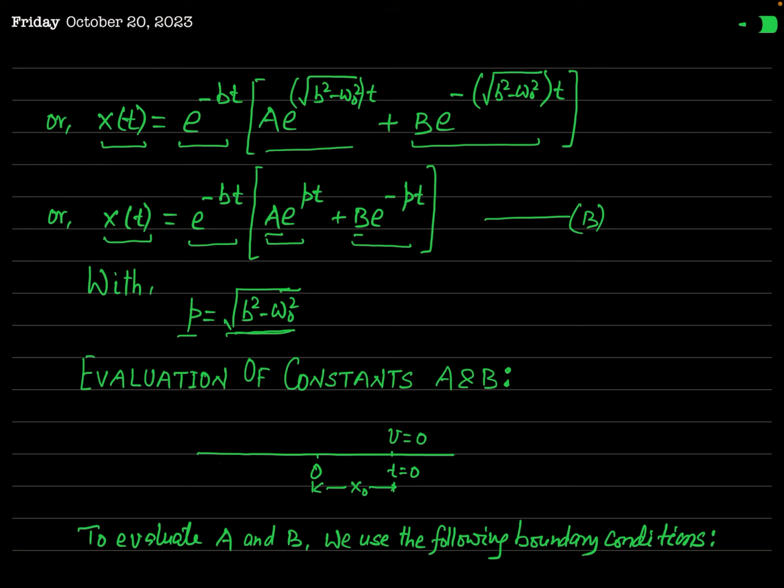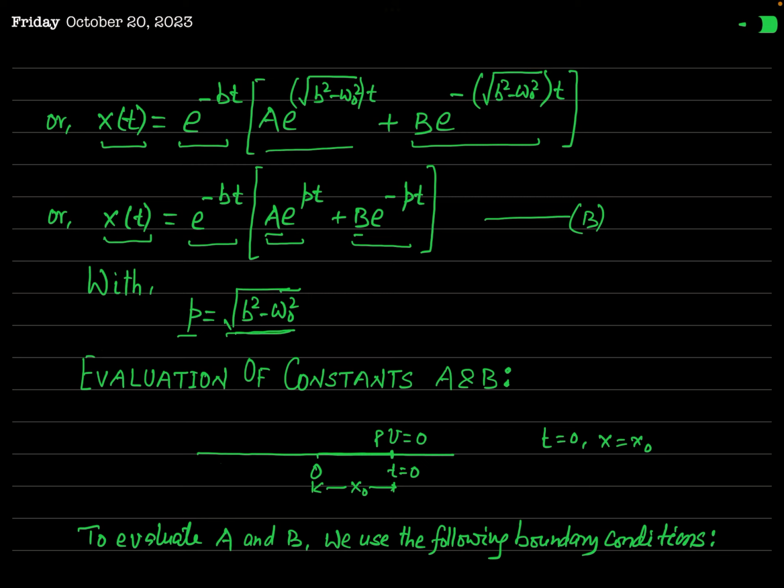You can see this figure. I have considered that at time t equal to 0, our particle is located at this point P, which is at a distance x naught from the equilibrium position. So when t is 0, x is equal to x naught. And at this moment, the particle is at rest.